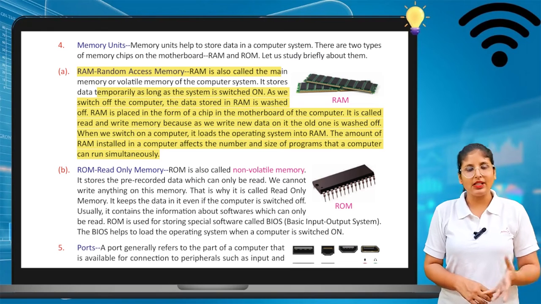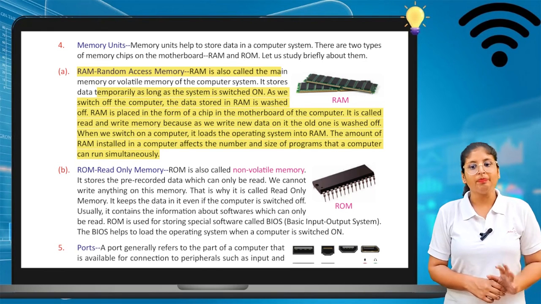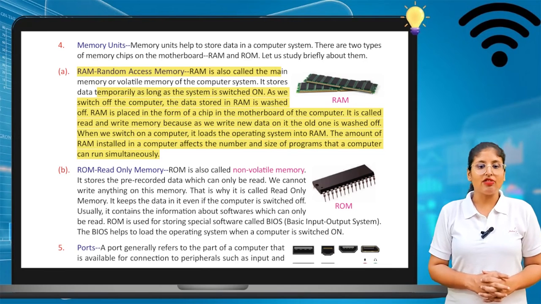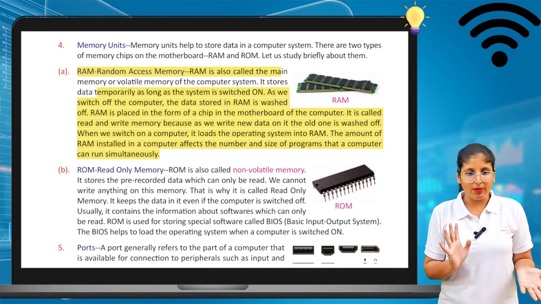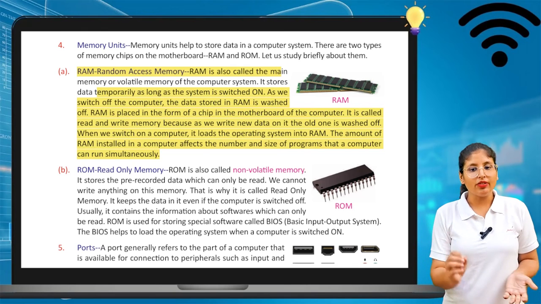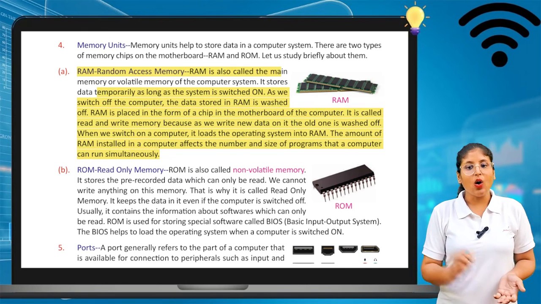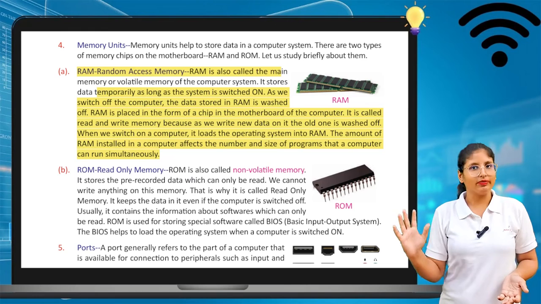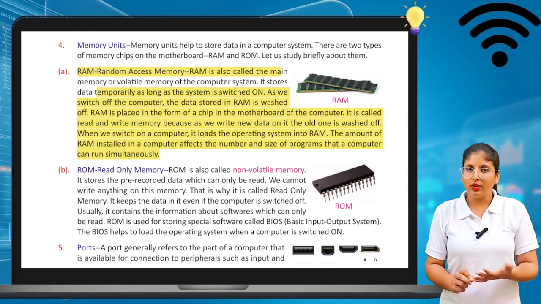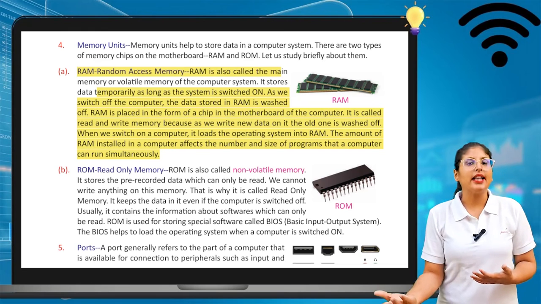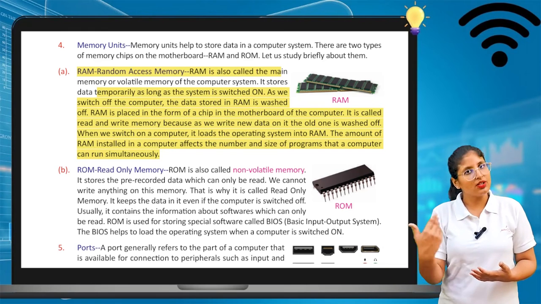It is called read and write memory, because when you write new data on it, the old data that is there in your RAM is washed off.